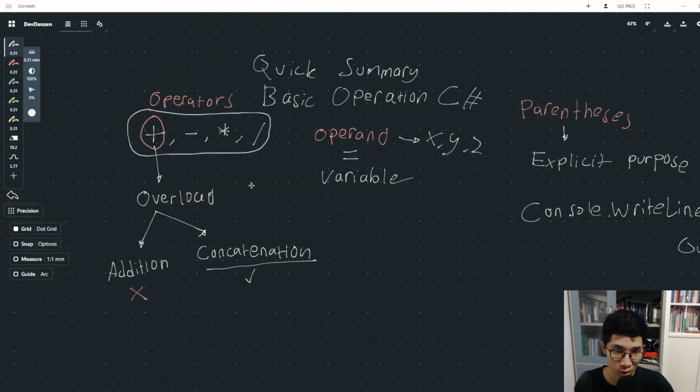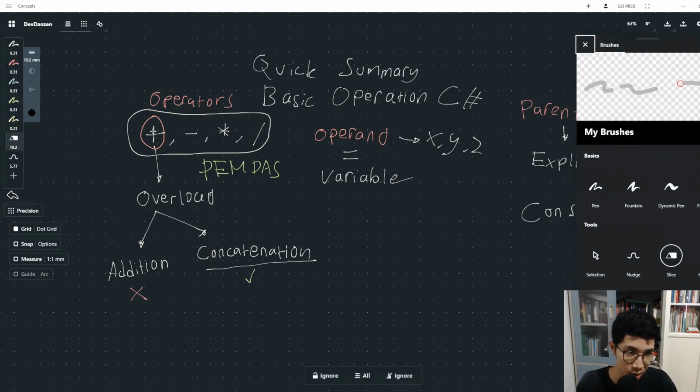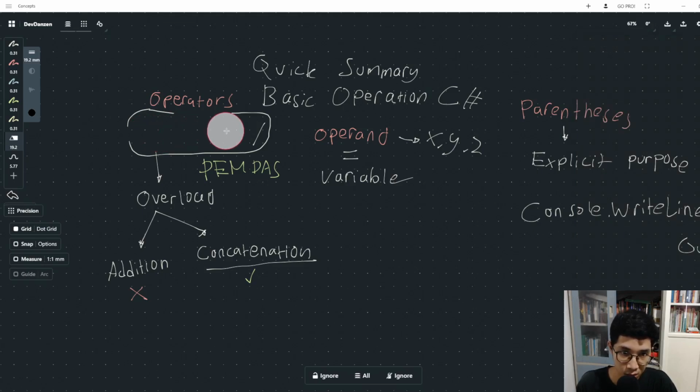Also, don't forget we have PEMDAS. Remember the order of operations.